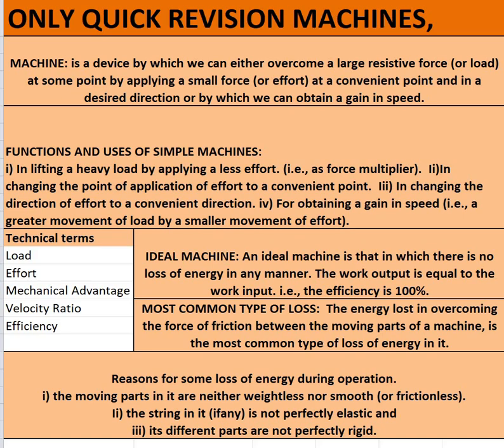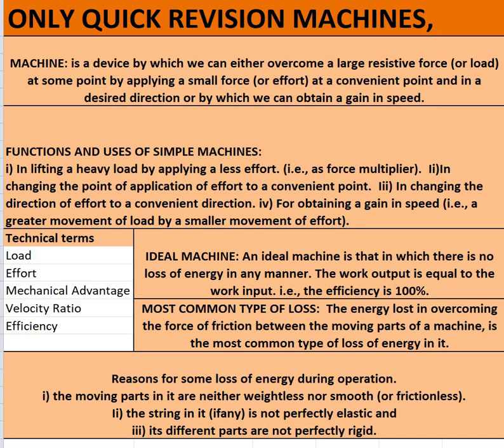So what is mechanical advantage? The ratio of the load to the effort is called the mechanical advantage of the machine. What is the unit of mechanical advantage? They can ask you this. The mechanical advantage has no unit because it is a ratio. Next is velocity ratio.